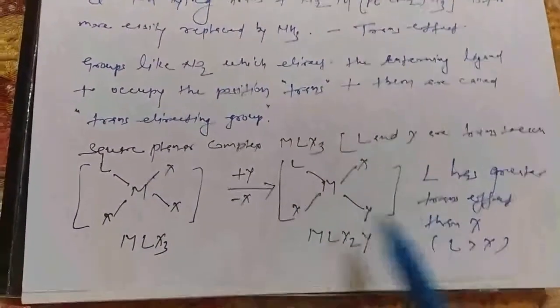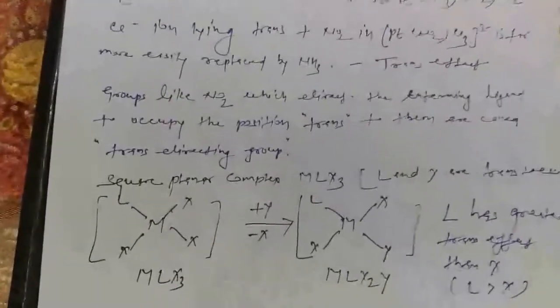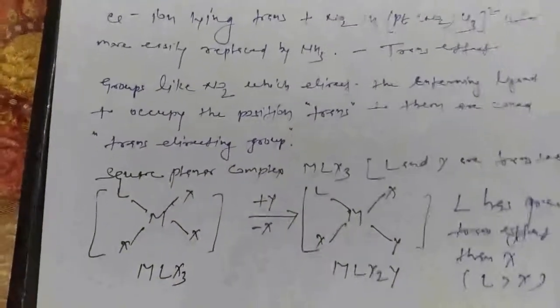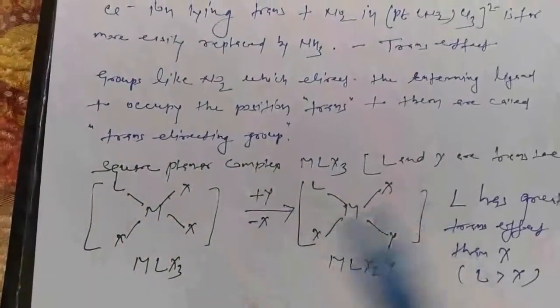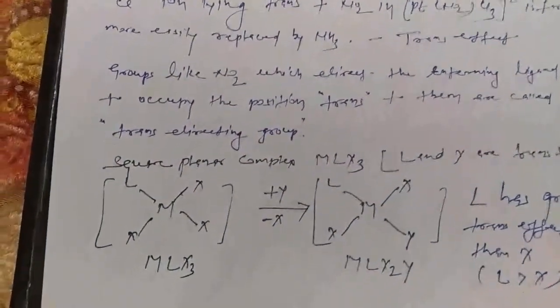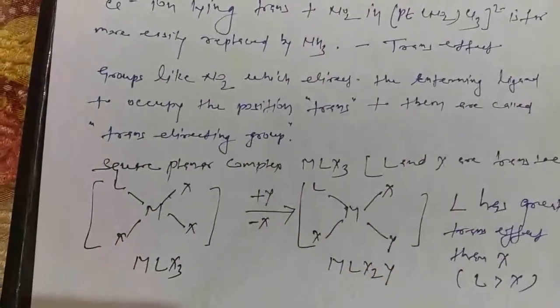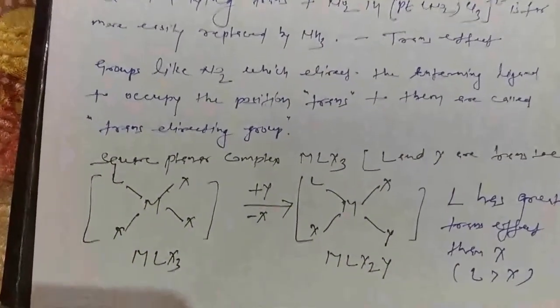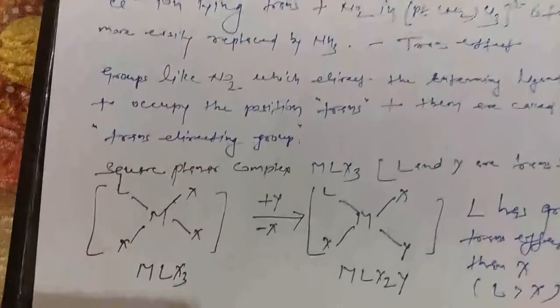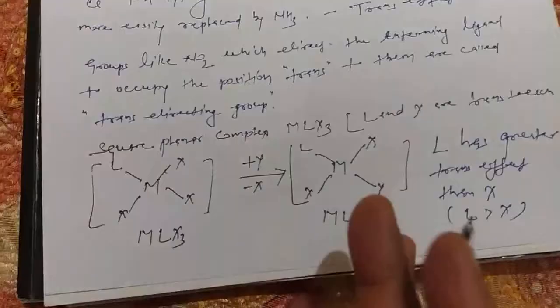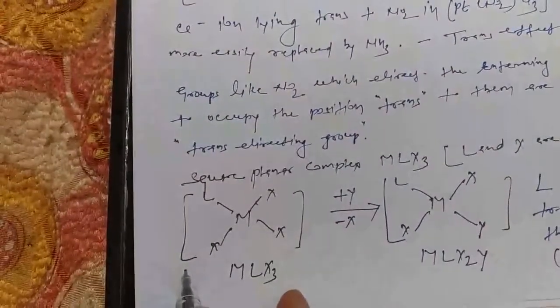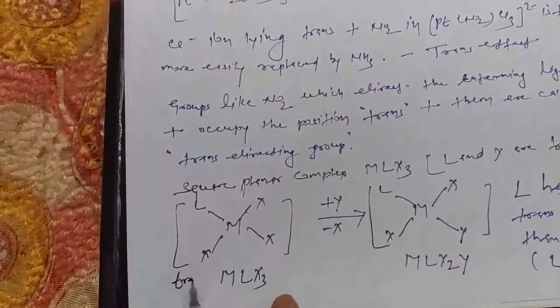If several experiments and reactions are conducted with different types of ligands, we can make an order of trans effect. That is very important for substituting ligands.